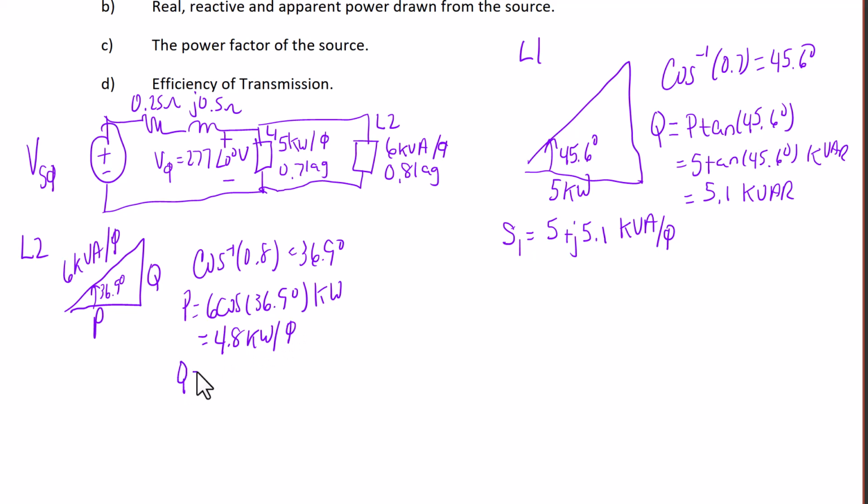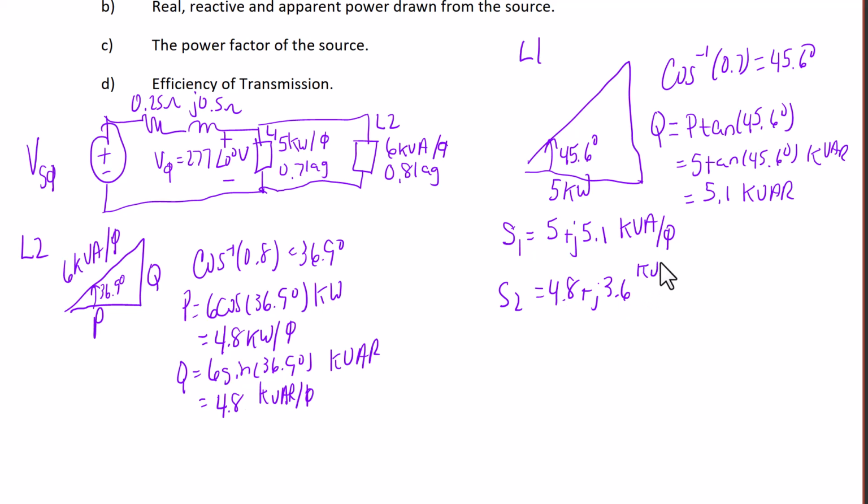And Q is equal to 6 times the sine of 36.9 degrees. So Q is equal to 3.6 kVAR per phase. So S2 is equal to 4.8 plus j3.6 kVA per phase.